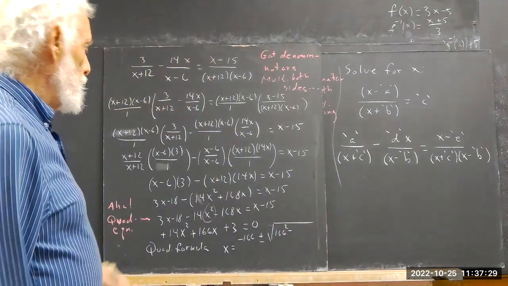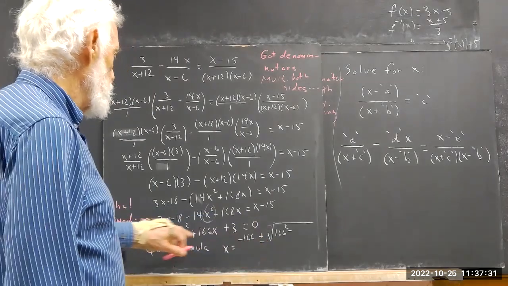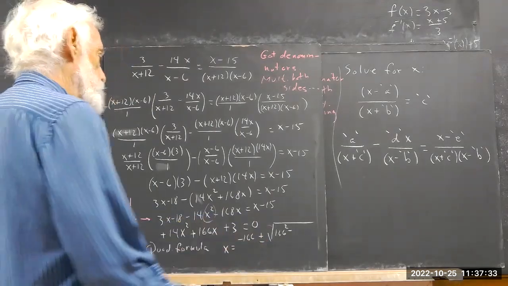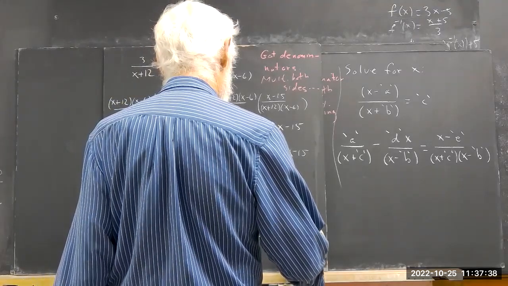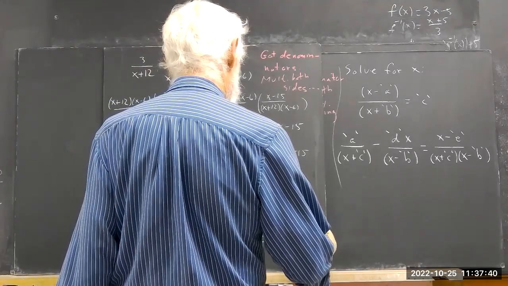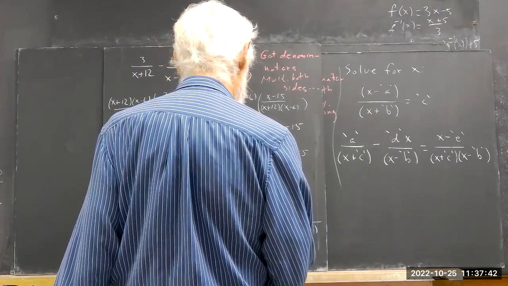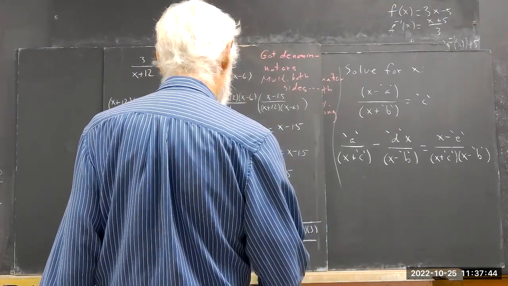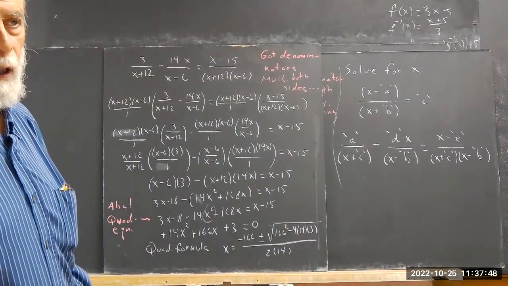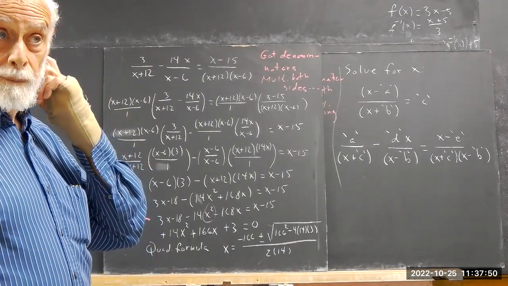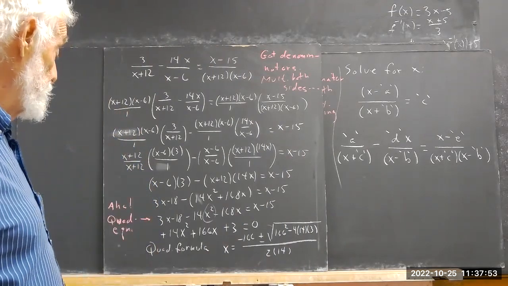Okay, now we have then 4 times 14 times 3. I guess I can write all that out. Barely have enough room. All that over 2 times 14. And then you go to your calculator. Okay.